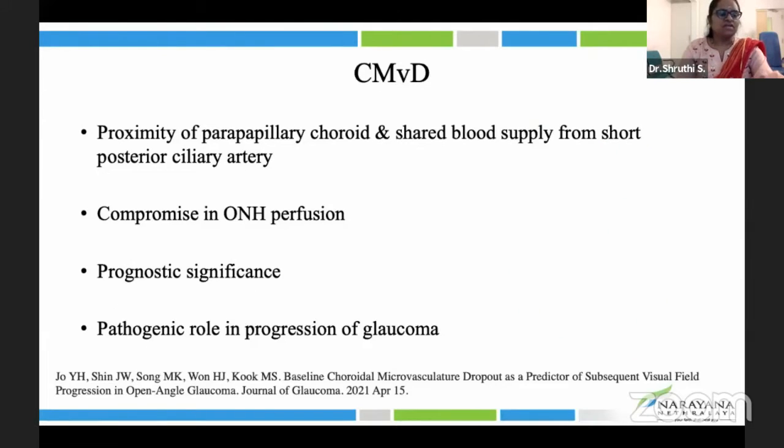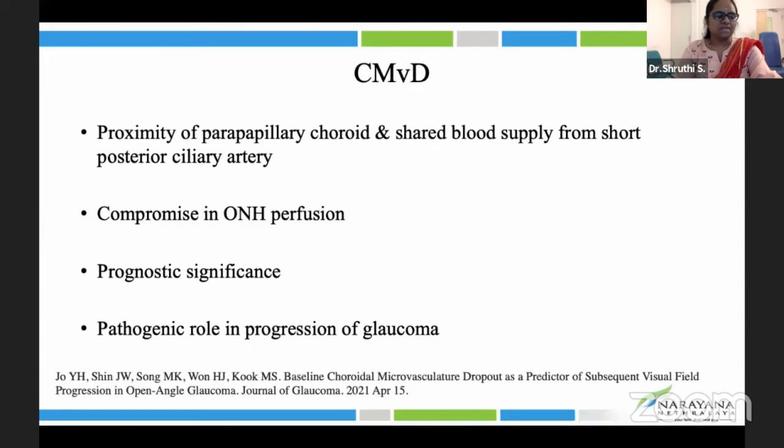To further see the significance of the microvascular dropout, the peripapillary choroid receives its blood supply from the short posterior ciliary arteries and is located typically next to the prelaminar tissue and the lamina cribrosa. Hence, the presence of microvascular dropout may indicate a compromised supply to the optic nerve head.